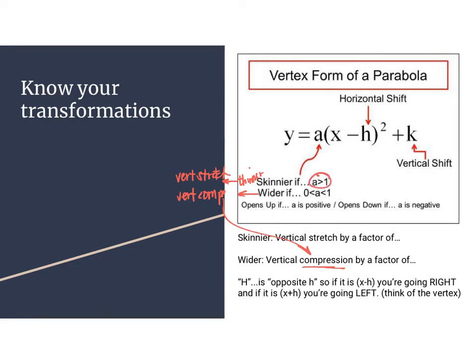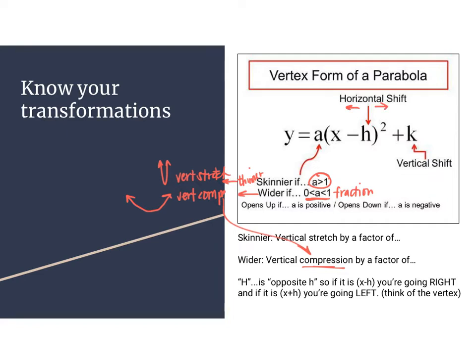So if a is larger than 1, then it is a vertical stretch. Your parabola will look thinner. If a is a fraction, a number between 0 and 1, it'll be wider or vertically compressed, so the parabola will open up wider. H is a horizontal shift, so it's a left-right.